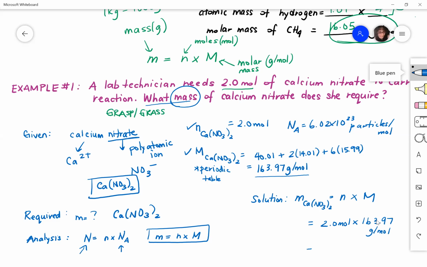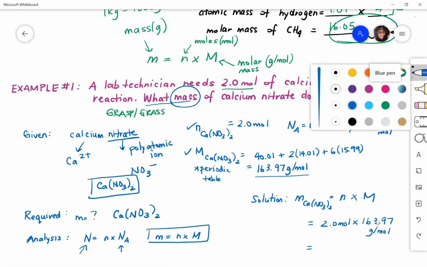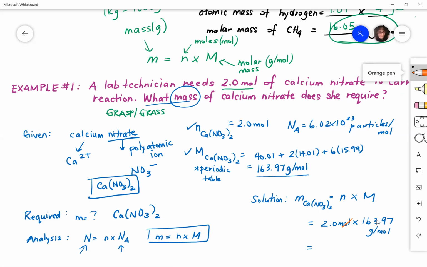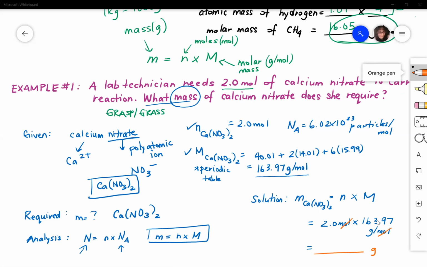Again, what you're going to notice is certain units cancel out. So moles cancel out here, moles cancel out here, and you will be left with grams. I'll give you a moment to do the multiplication. I'll do this along with you.